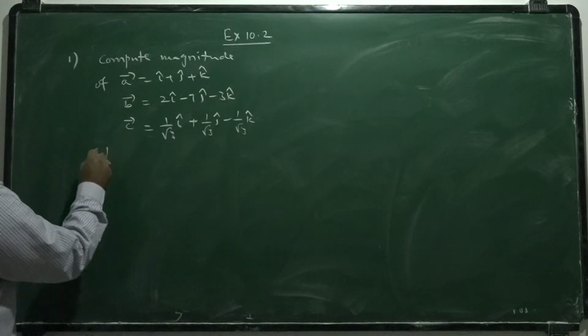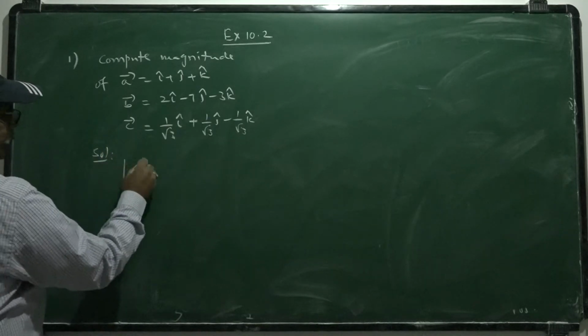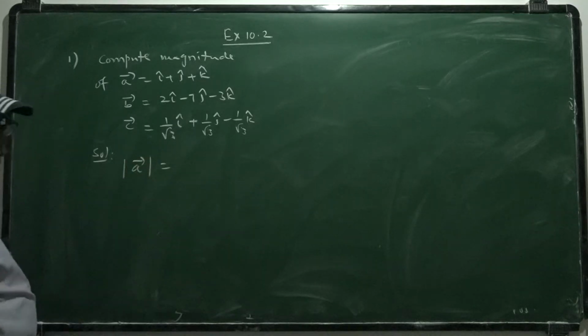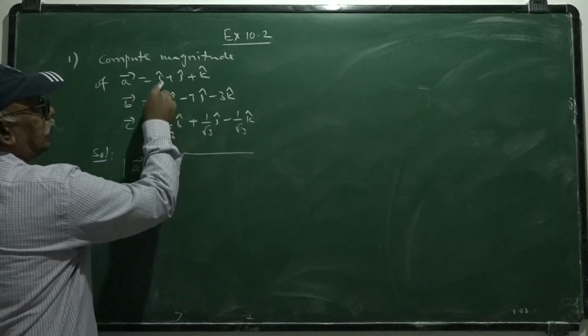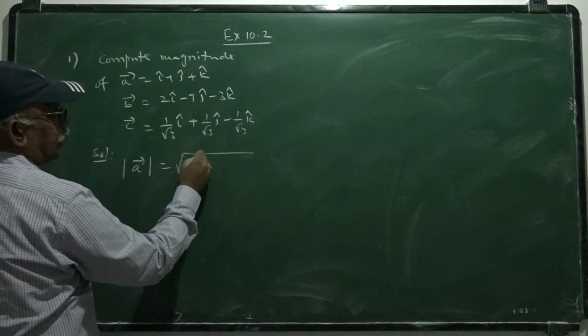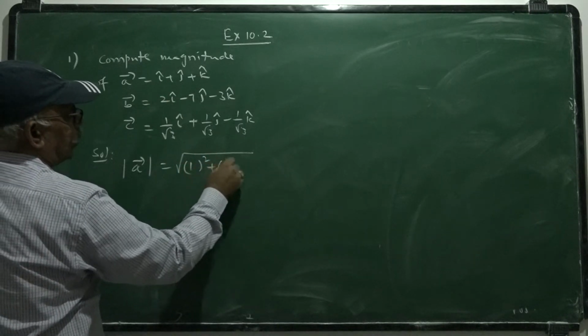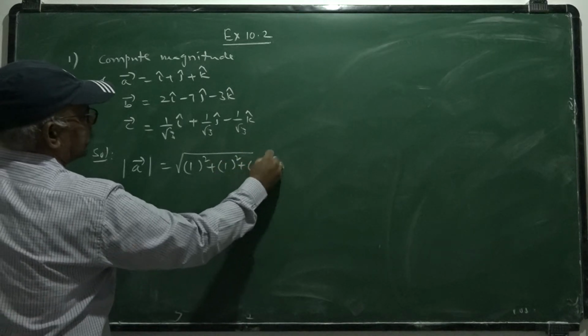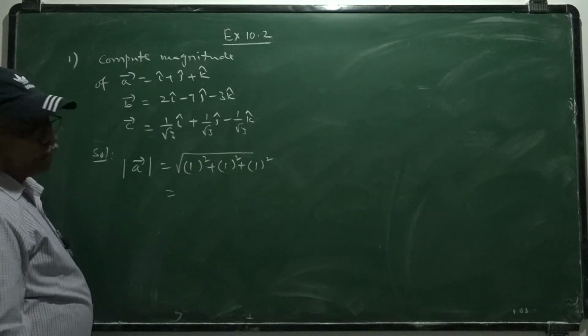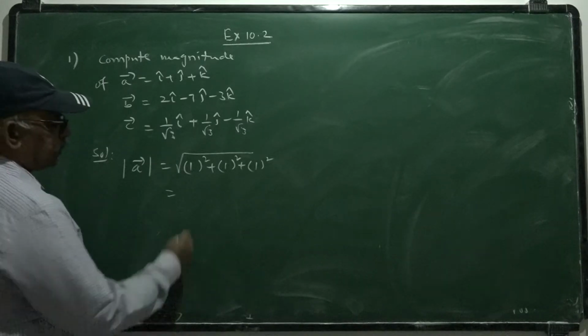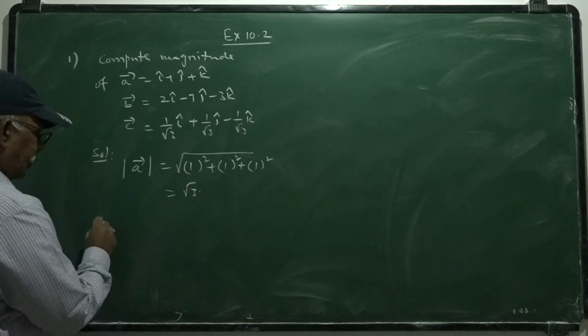Magnitude means modulus. So, the magnitude of the vector, modulus of A bar, is the square root of the i component squared, j component squared, k component squared: 1, 1, 1. So, square root of 1 square plus 1 square plus 1 square, root 3.